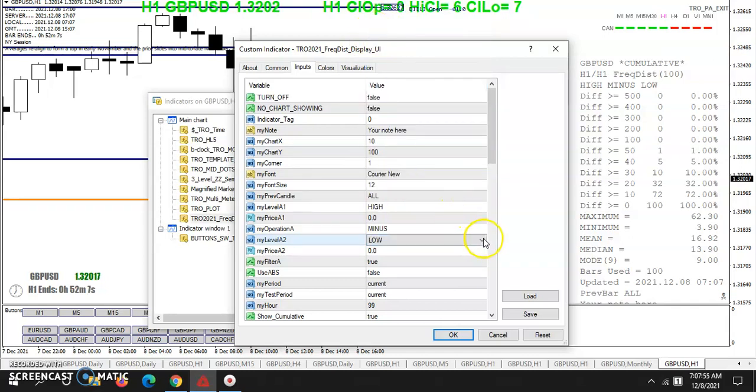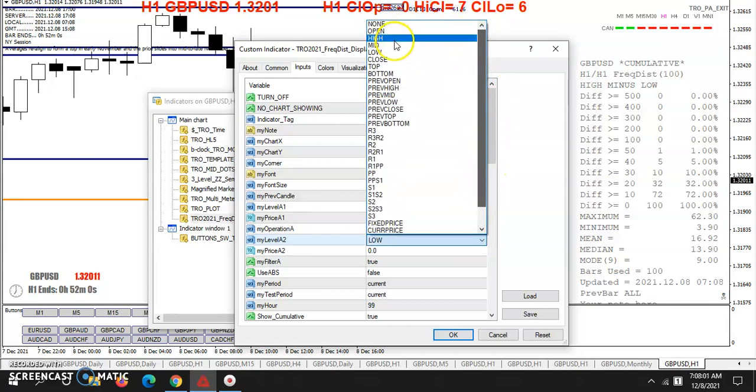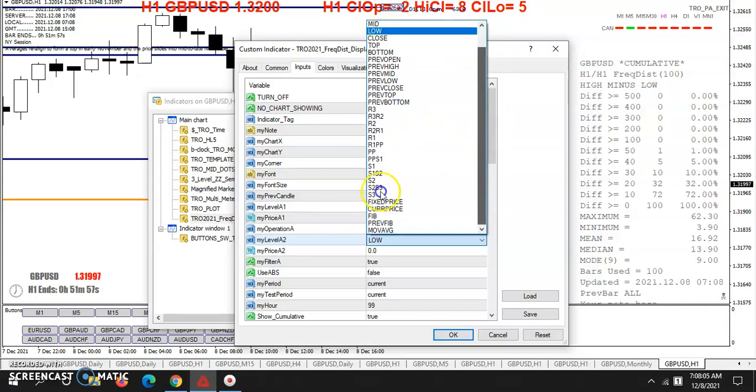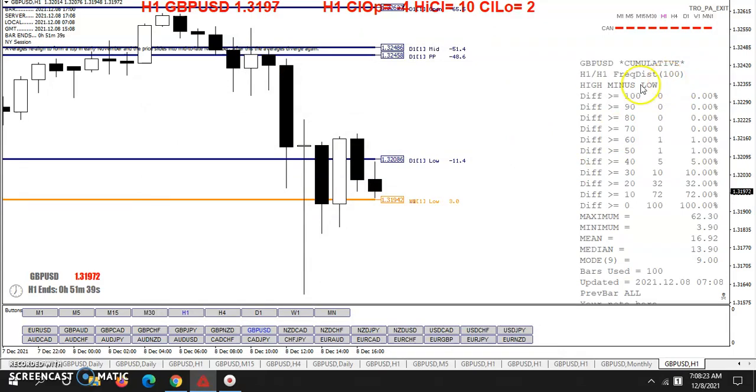And as you can see here, let me just show you that you can run this on a lot of different levels: high, low, top, mid, previous for the same, all of your pivot points. You can put in a fixed price, you can do current price, you can do fibs, previous fibs, moving average. It's up to you, the user. And of course, you can change how many bars you want to look at.